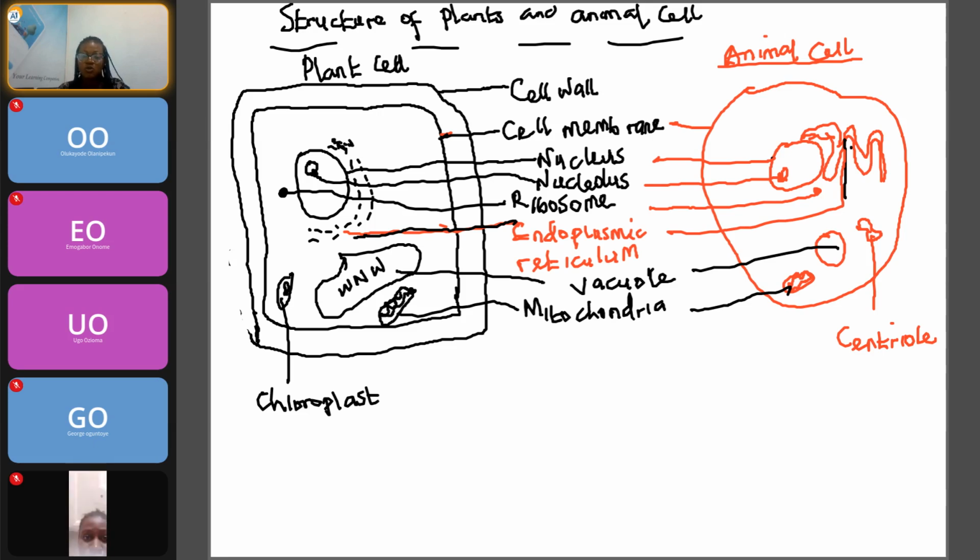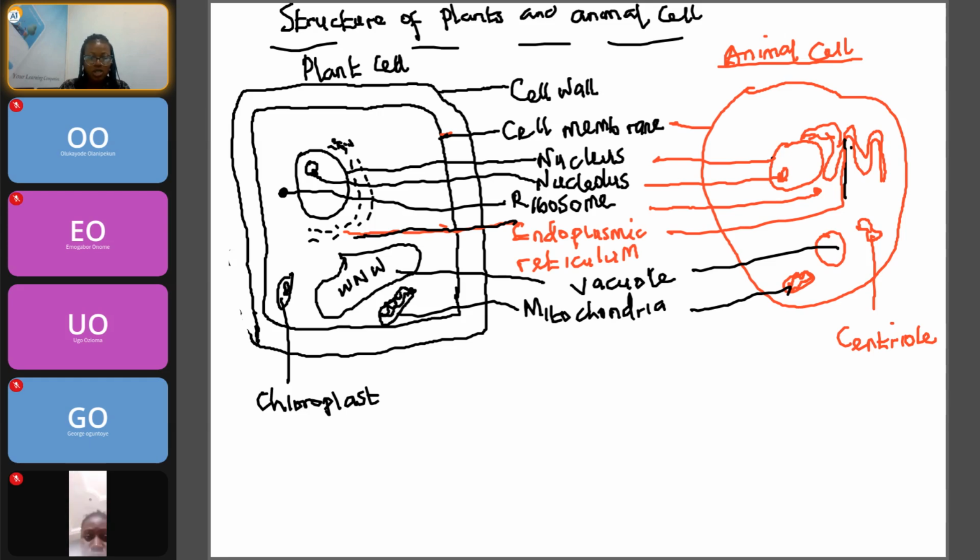It produces chlorophyll. And what is photosynthesis? It is the process whereby green plants synthesize, manufacture organic compounds, primarily sugar from carbon dioxide, using sunlight as a source of energy. So the function of chloroplast is that it produces chlorophyll.